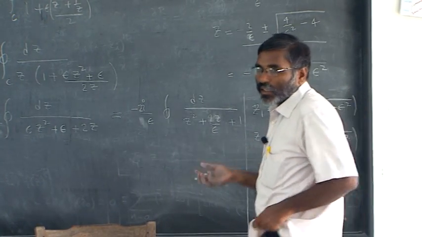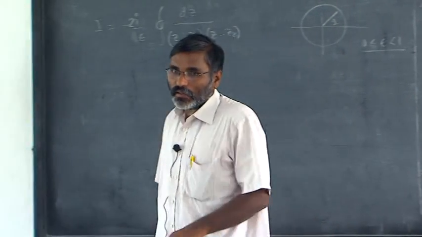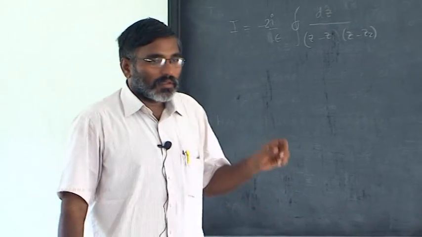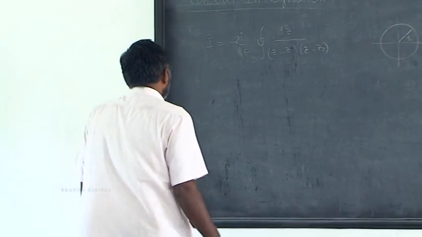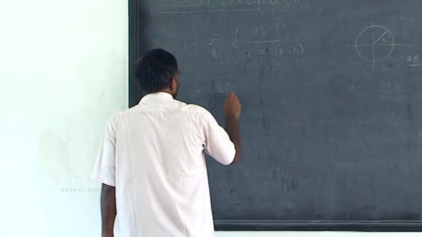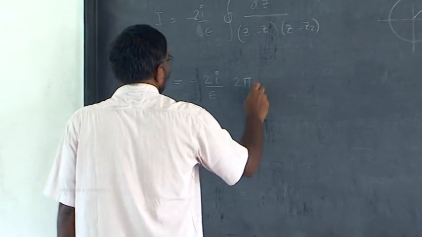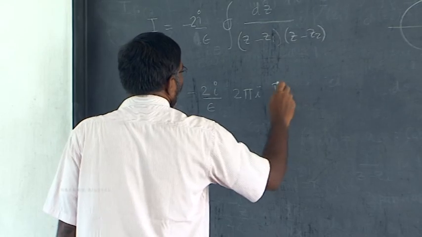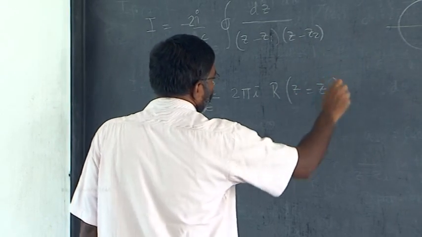So z equal to z1 can be inside for some values of epsilon between 0 and 1, whereas z2 will never be inside. So we have minus 2i by epsilon into 2 pi i, the residue at z equal to z1.